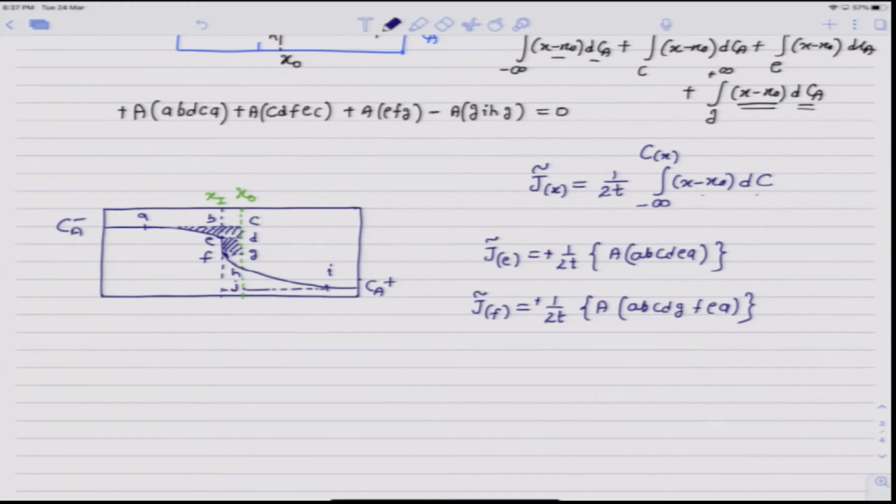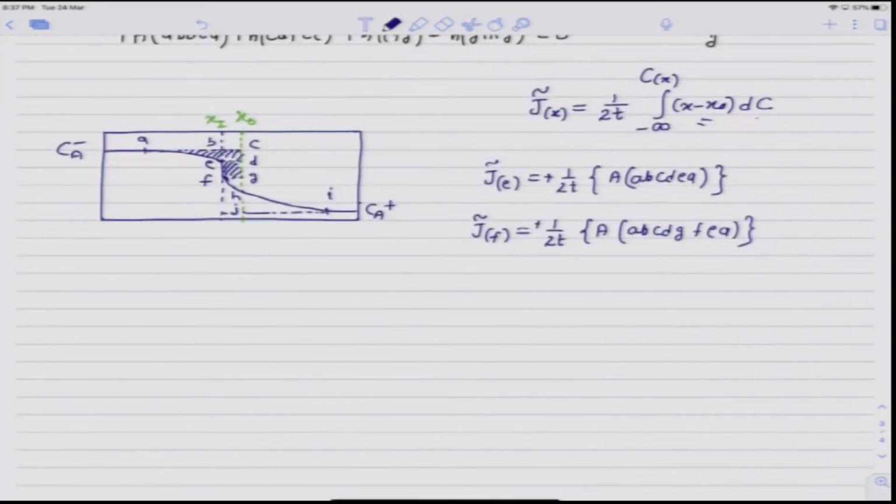The diffusion flux will keep increasing until the Matano plane position, similar to the single phase couple. After the Matano position, the sign of x minus x naught changes, and so the contribution of the further areas will be negative, and hence the flux will start decreasing. There will be a maximum at the Matano plane.